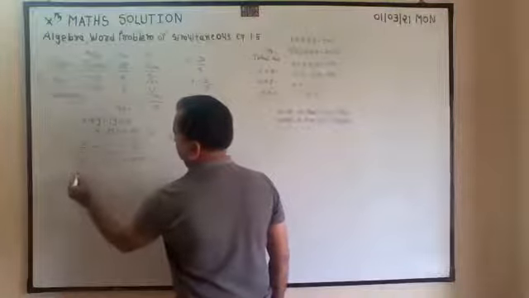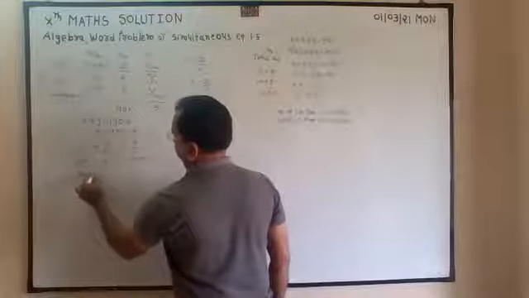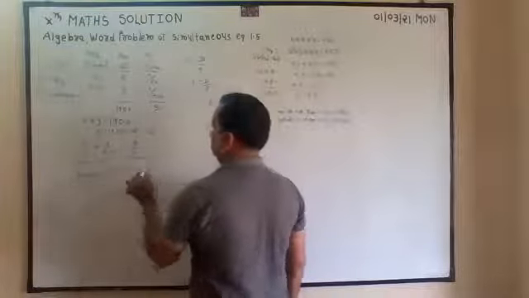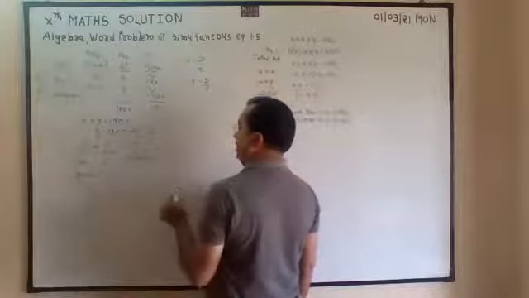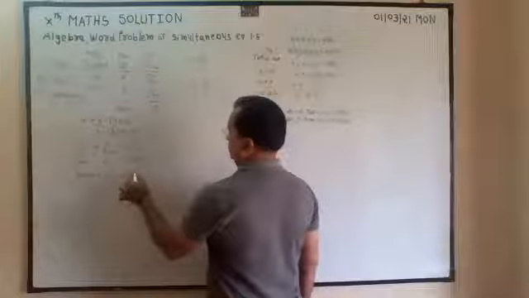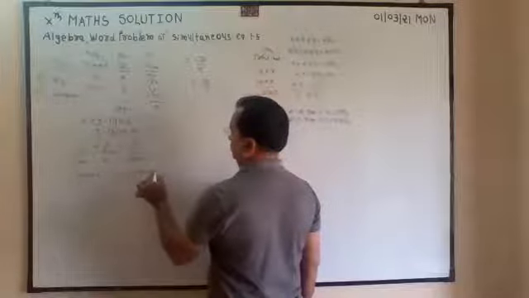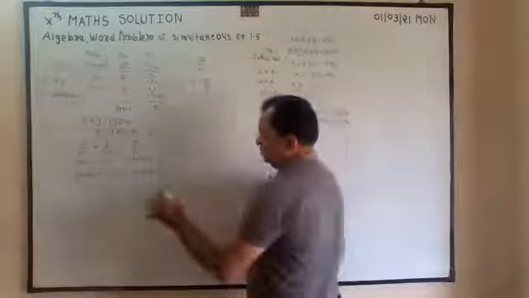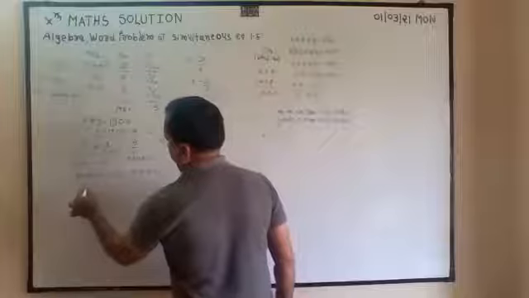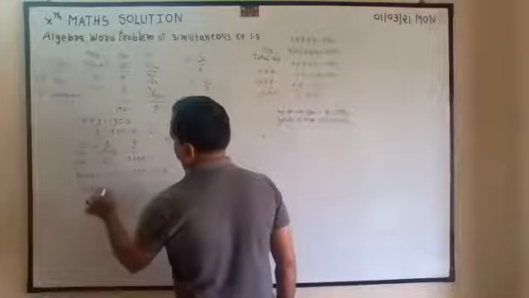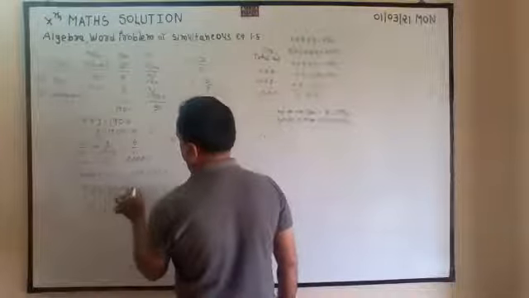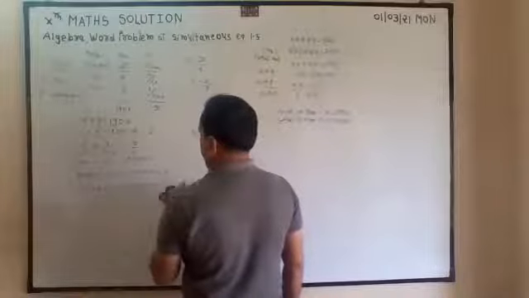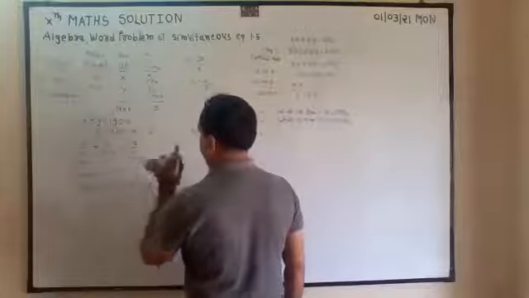This into this, 700x plus 60y is equal to 42 into 5. So 210 and 3 more zeros. Now first remove the zeros, or divide by 10. Correct.